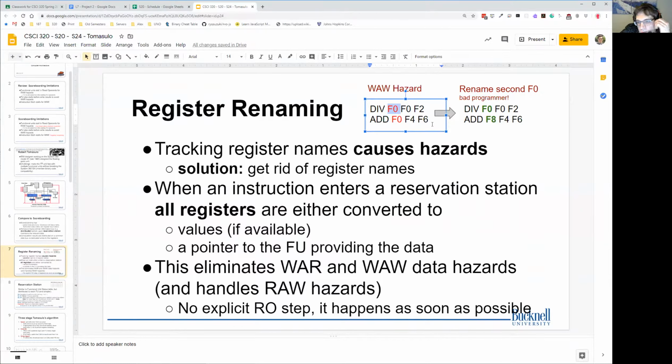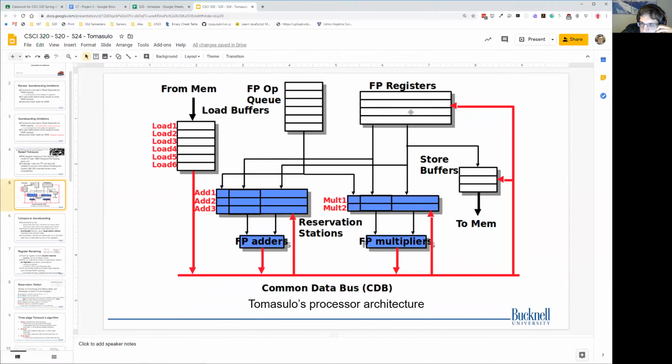So what we do is we will assign a new register to the next instruction, but we have to keep track of that we renamed F0 to F8, because otherwise we will end up doing nonsense. So we need to keep that information. And where do we keep it? In this table here, the FP registers table.